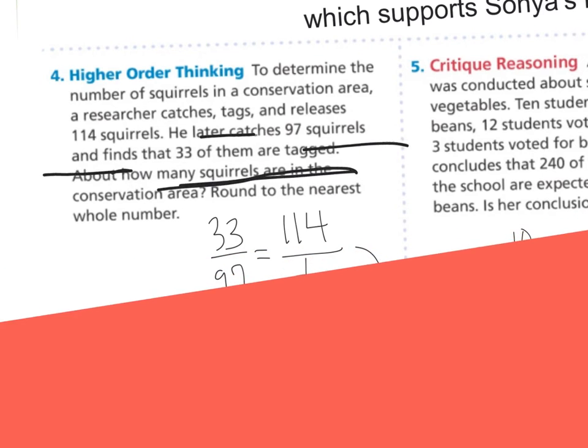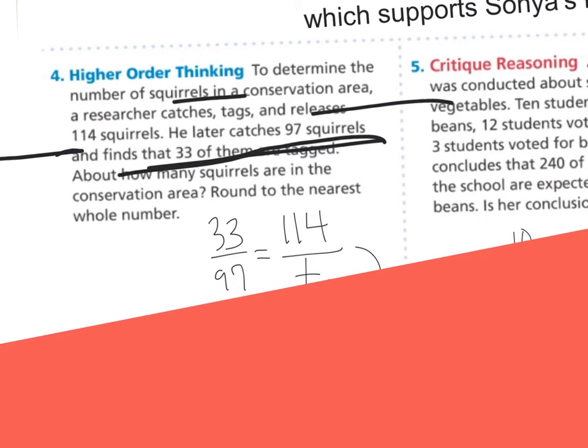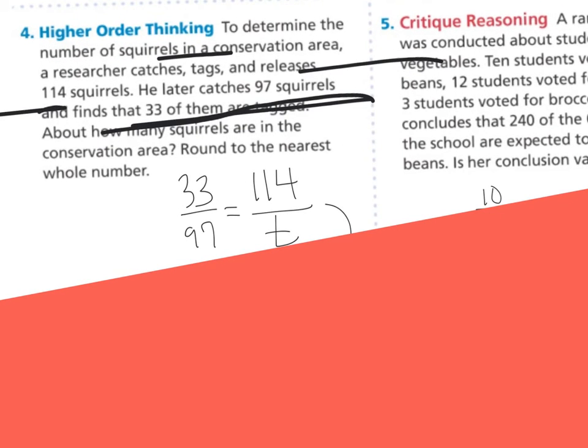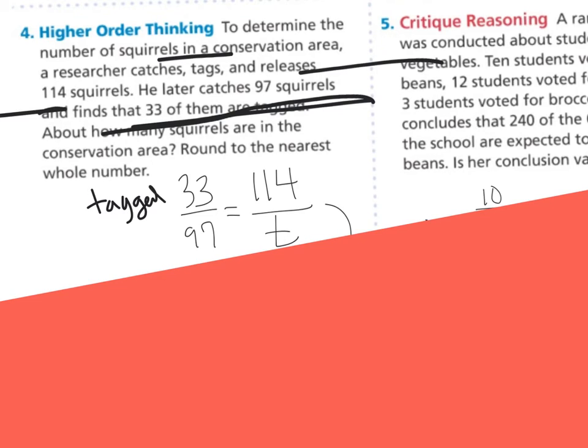So a proportion actually would be something like this. 33 tagged out of 97 is 114 tagged out of the total. When you're setting it up like this, you may want to write something like tagged, total off to the side, so you can keep track of what numbers go where.